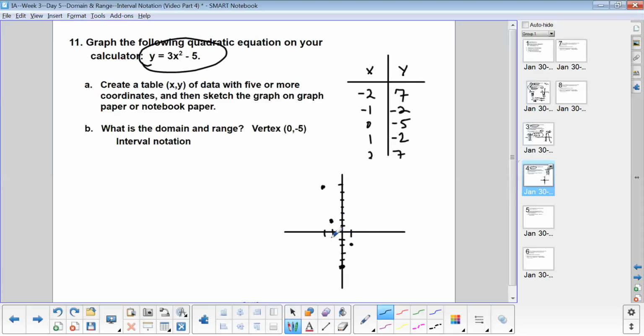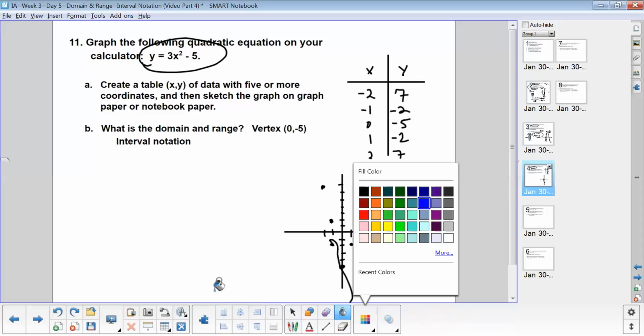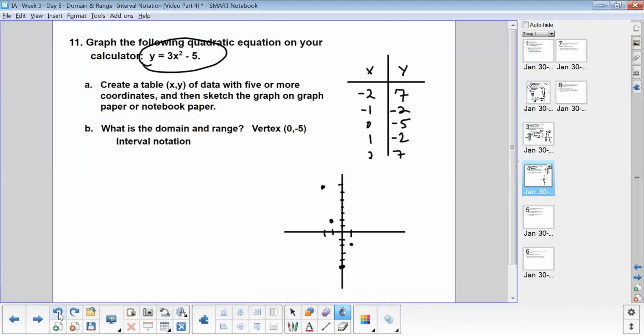And this one should have been -1, -2. Sorry about that. Let me get my eraser. So -2, 7; -1, -2; 0, -5; 1, -2; and 2, 7.